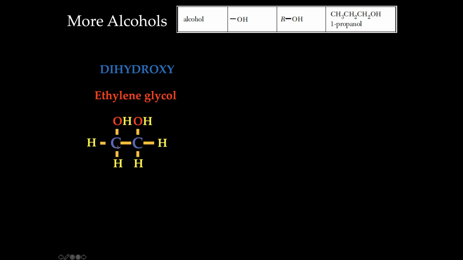First of all, it has two carbons, eth. They're bonded with a single bond, ethan. There are two OH groups, diol, and they're on the first and second carbons, 1,2-ethanediol. That is the standard name for antifreeze.